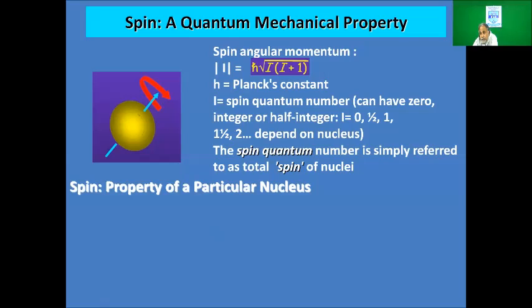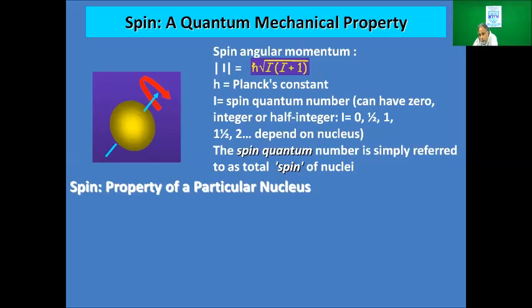And I is basically a characteristic of all nuclei, and depending on the particular nucleus, I has different values. Mainly, this is of two types: one is zero and the second one is non-zero. And the non-zero can be further classified into two parts: one is integral and the second one is half integral.